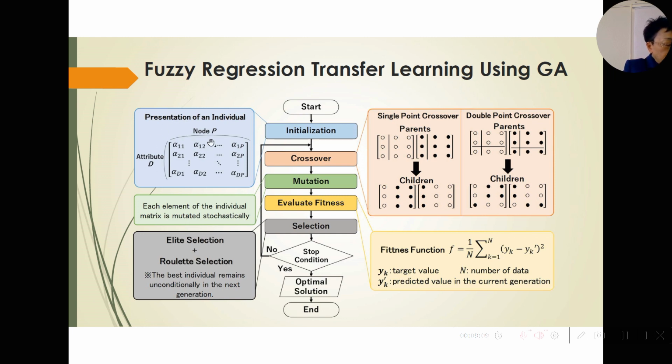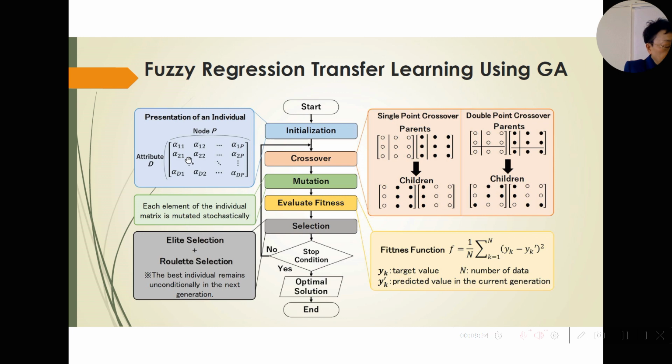The representation of individuals in the GA uses a matrix whose size is determined by the number of attributes and the number of nodes. This is the representation of an individual for parameter alpha, as shown in this figure.